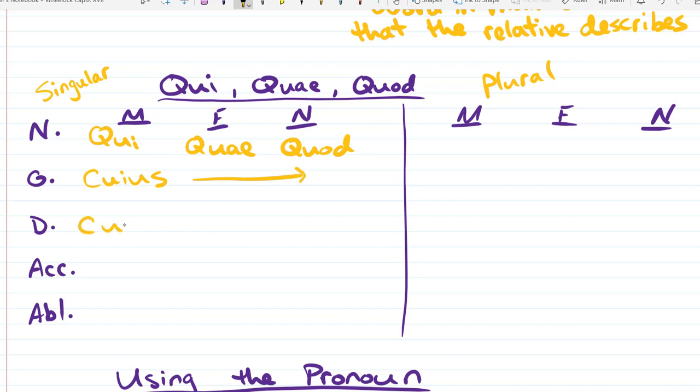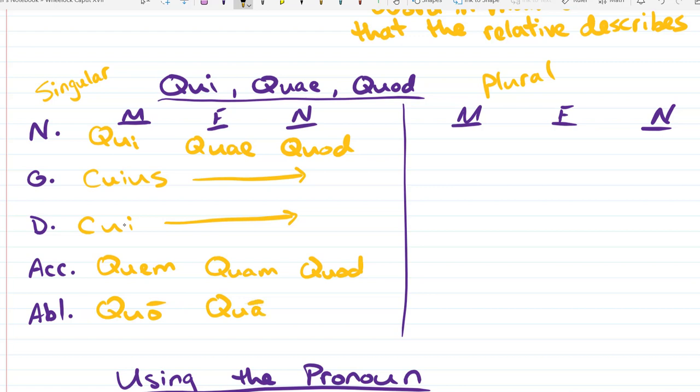And the dative form is cui. These ones have C's for whatever reason, thanks Latin. The rest are going to have Q's. Then we have quem, quam, and nominative and accusative neuter are the same, so we have quod again. Then ablative is quo, qua, and quo. I won't be picky if you have the long marks or not.